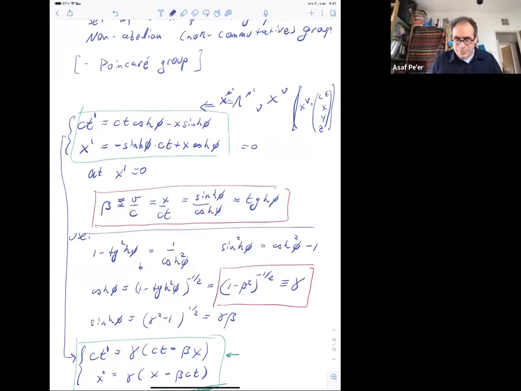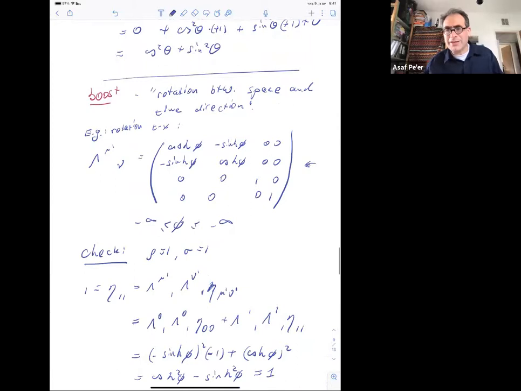Yes, back to your question. I could choose x prime which is not 0, but it would just make my life miserable. It's much easier to just take the origin of coordinates, put it to 0, and do the demonstration there. The whole purpose here is to show you that this very abstract and mathematical path that we're taking gives exactly the same results that you've seen from first year.